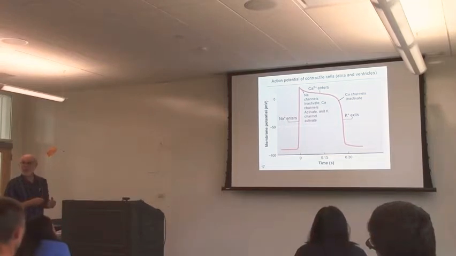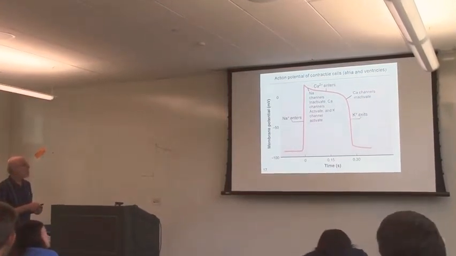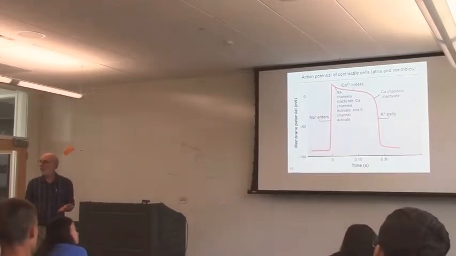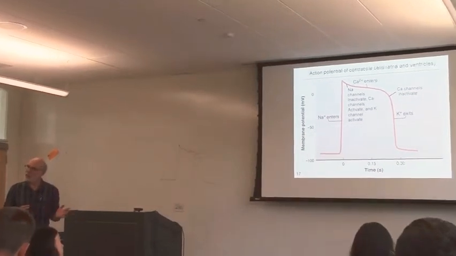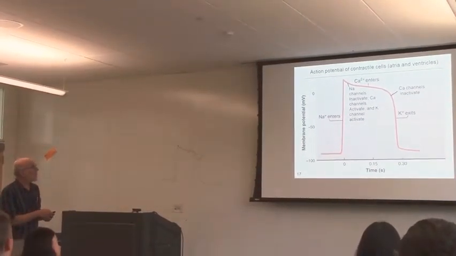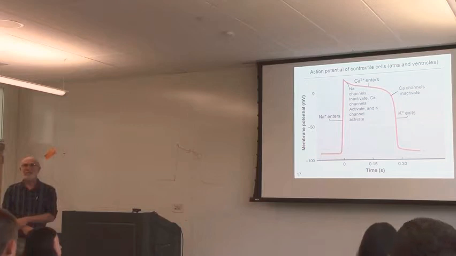Here, the sodium channels inactivate because they inactivate fast. The calcium channels activate because they activate slowly. So they're activating sort of later in this depolarization. And potassium channels activate because they have about the same kinetics as calcium channels.